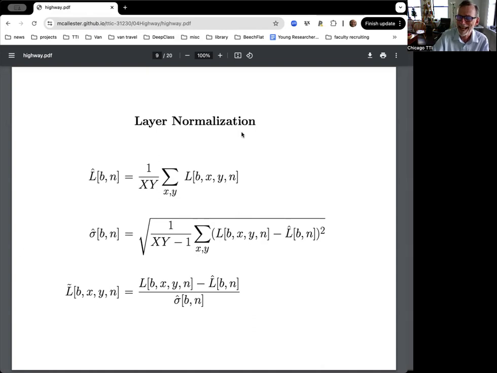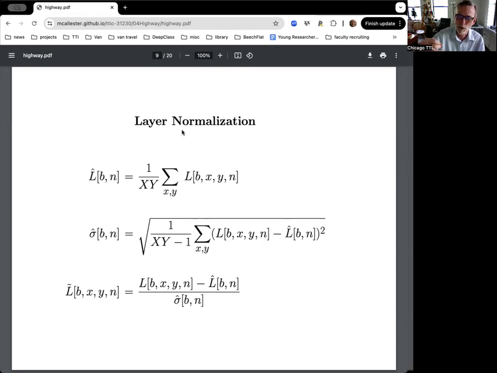And the advantage of layer normalization is that you're working with each batch element independently. And when you work with each batch element independently, it's easy to run this at test time on a single batch element. In batch normalization, you've got an issue at test time application because you only have one example.